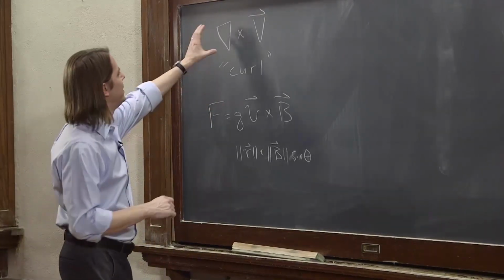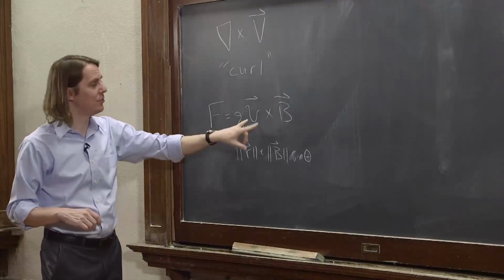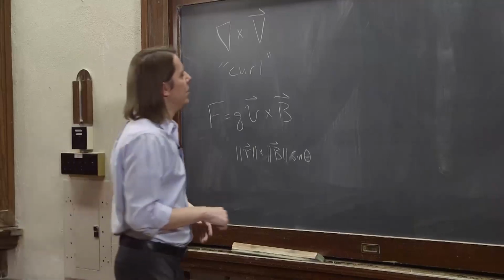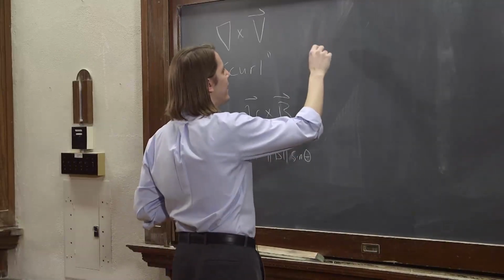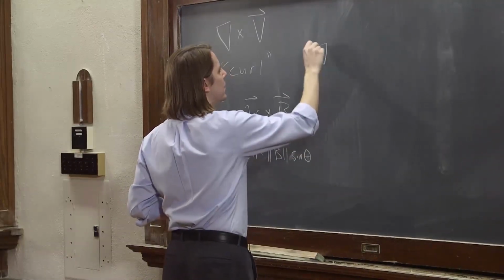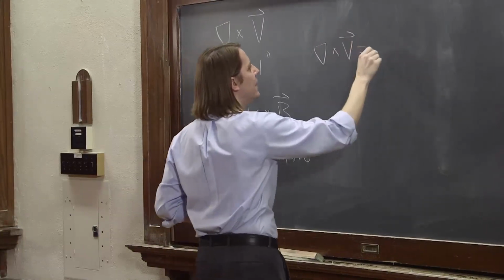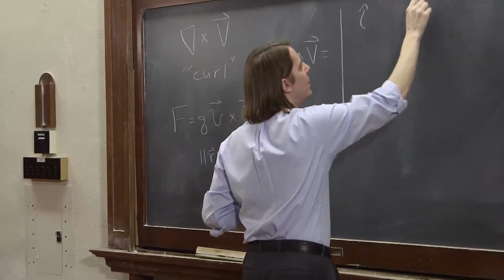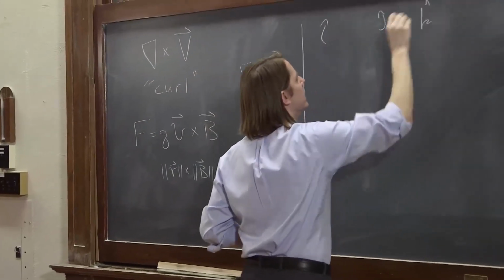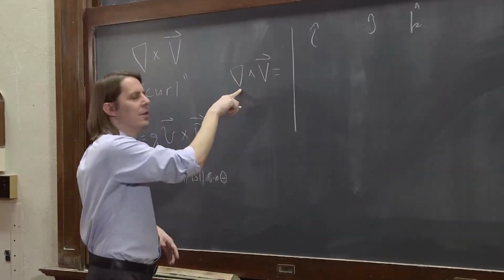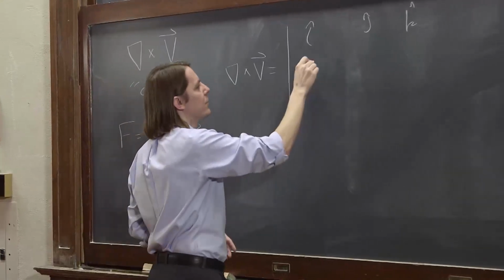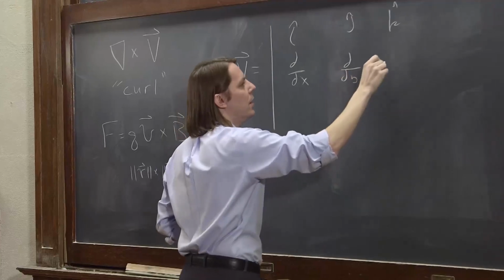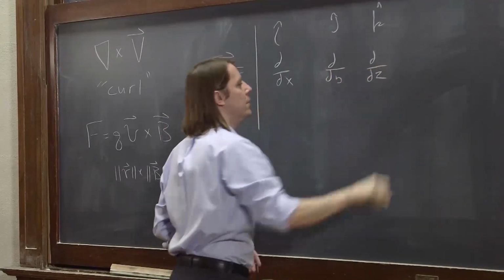Because we're dealing with something that's not a real vector, we don't have two vectors that we visualize. We have the del operator. So we can also define it like this. If we have del cross a vector field V, that's equal to the determinant of a matrix where you put i, j, and k first, and then you put the first thing, in this case not a vector but an operator: d/dx, d/dy, d/dz.